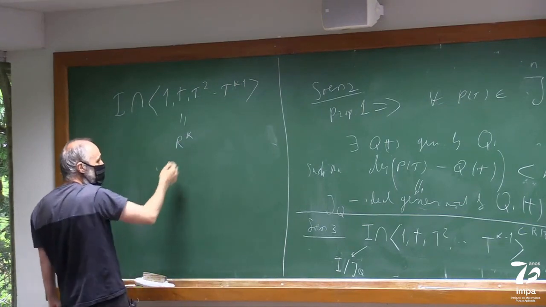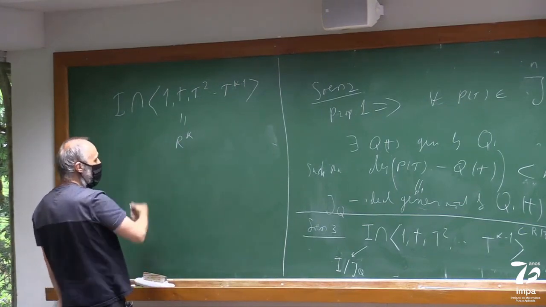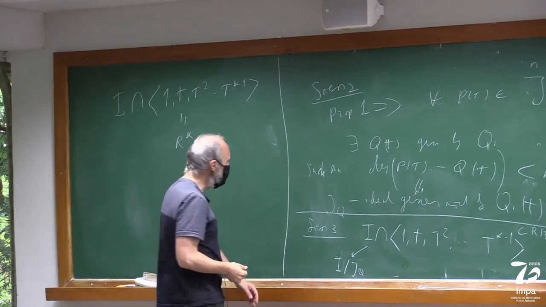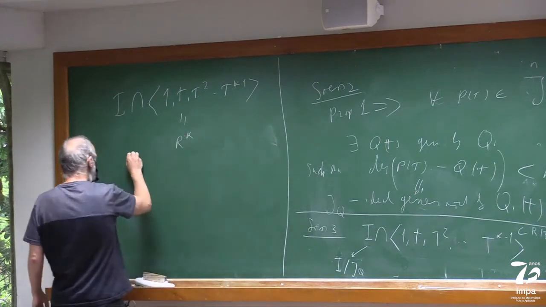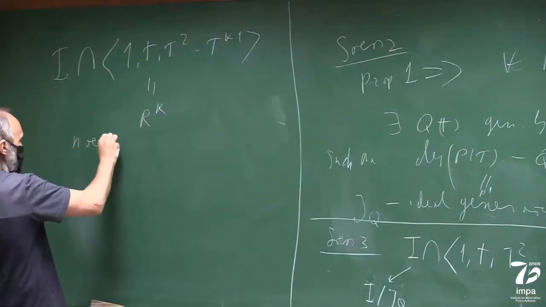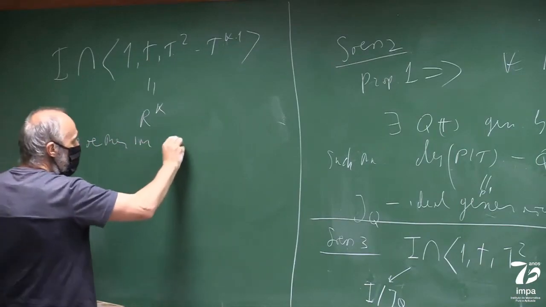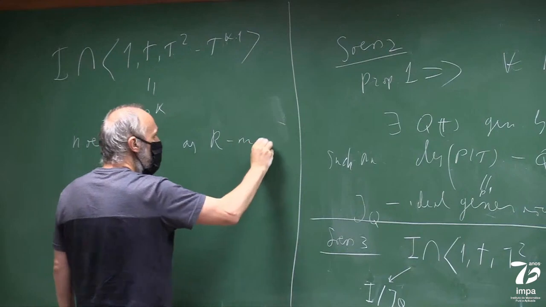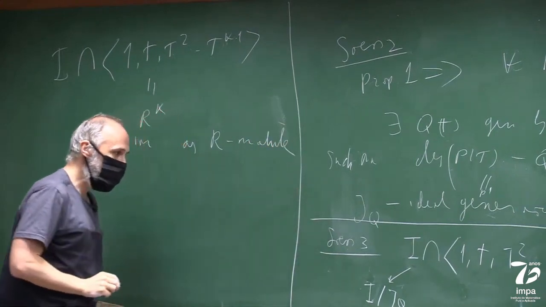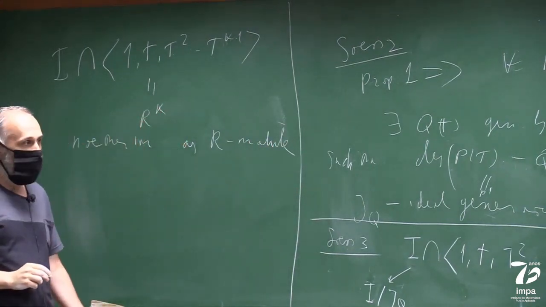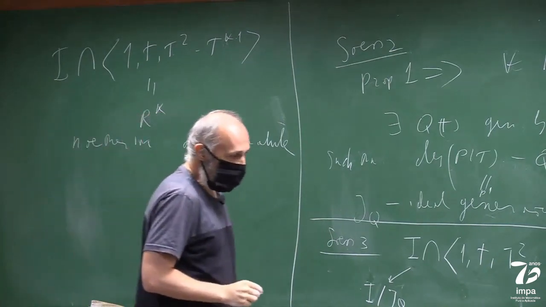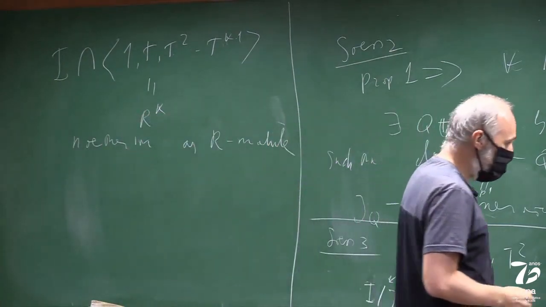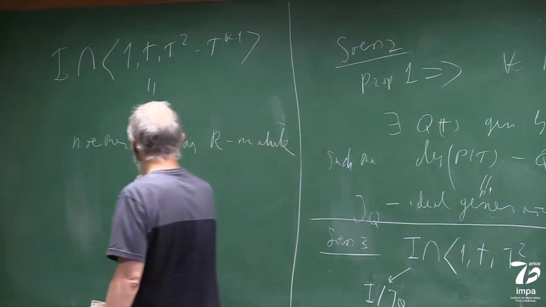So this is a submodule of a Noetherian module, R to the power k. This is Noetherian over R as a module, and every Noetherian module is finitely generated.